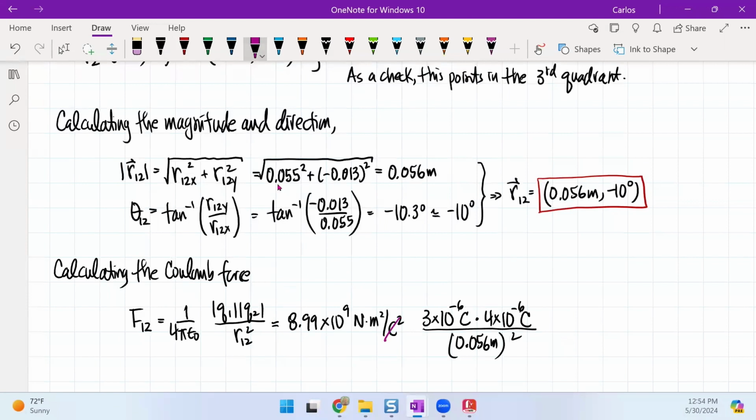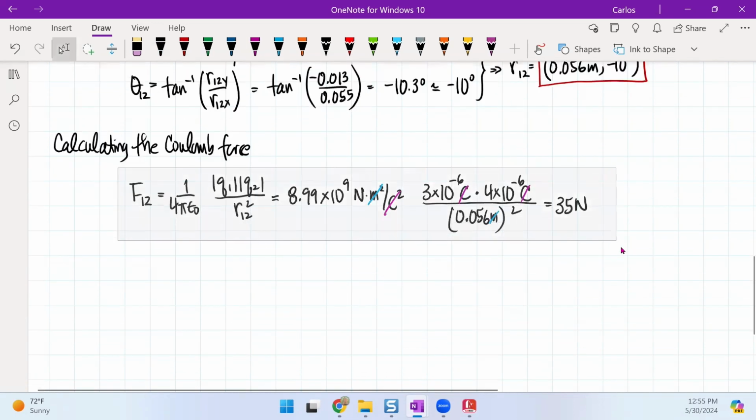Checking out my units, I can see that the coulombs cancel as well as the meters squared. So then I have a value here that reads 35 newtons.